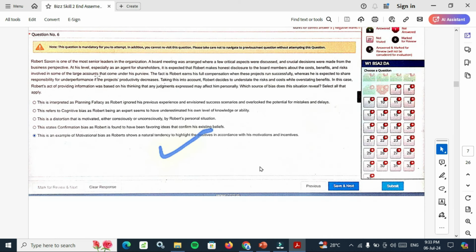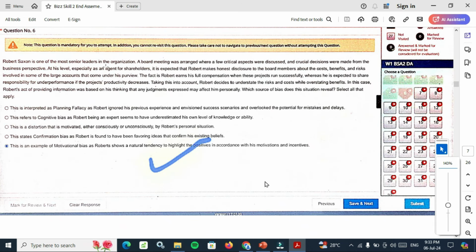Next question, which is a most important one. Robert Saxon is one of the most senior leaders in the organization. A board meeting was arranged where a few critical aspects were discussed and crucial decisions were made from the business perspective. At his level, especially as an agent for shareholders, it is expected that Robert makes honest disclosure to the board members about the costs, benefits, and risks involved in some of the large accounts that come under his purview.